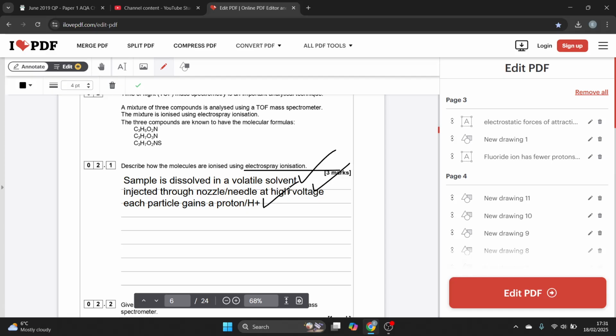Each particle gains a proton/H plus ion. So in electrospray ionization, the sample is dissolved in a volatile solvent, injected through a nozzle/needle at a high voltage. Each particle gains a proton/H plus.